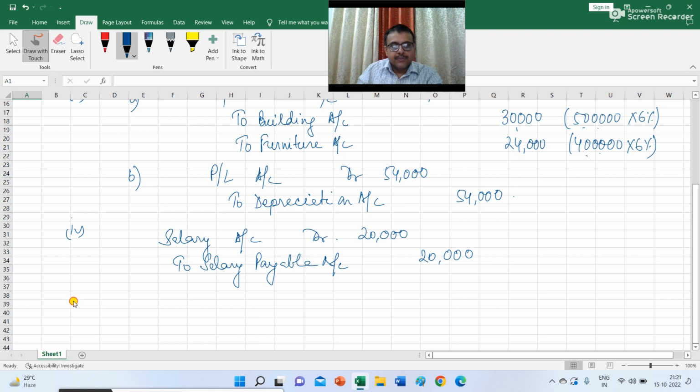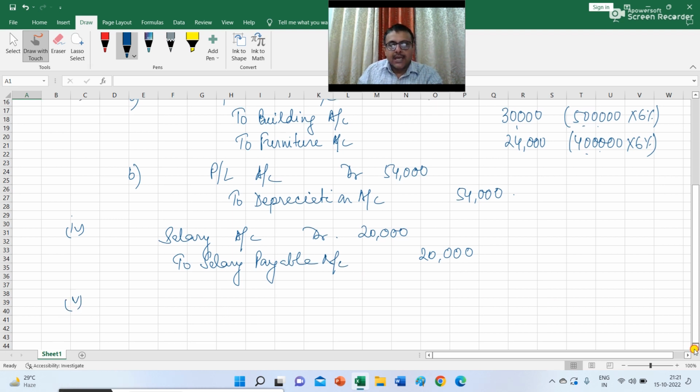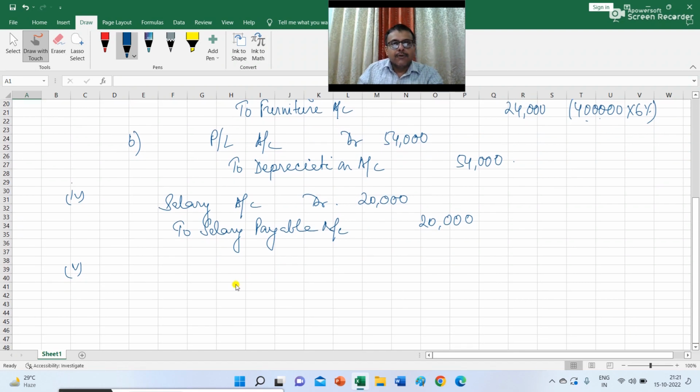And the last item is regarding the drawing. So there is a drawing of cash from bank for rupees 12,000. So your drawing account debit 12,000 to cash at bank account 12,000.